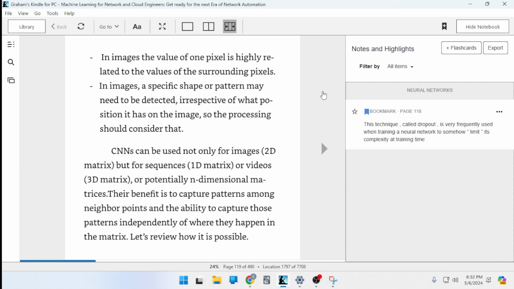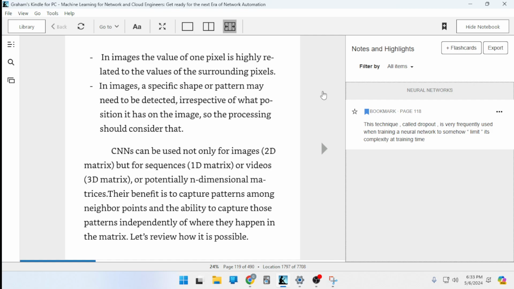In images, the value of one pixel is highly related to the values of the surrounding pixels. In images, a specific shape or pattern may need to be detected irrespective of what position it has on the image, so processing should consider that.